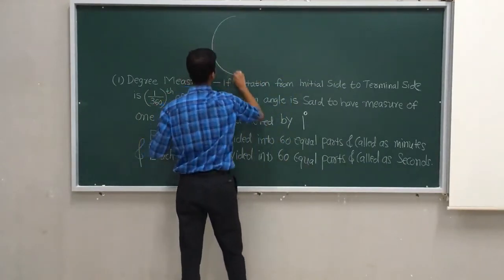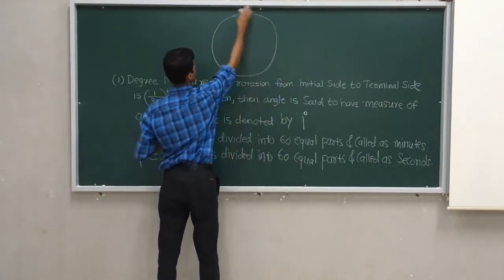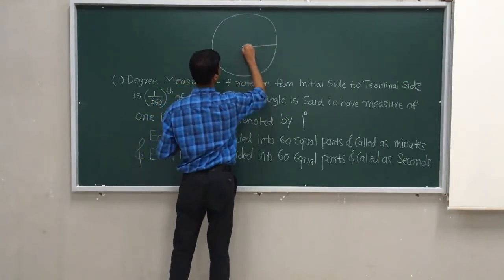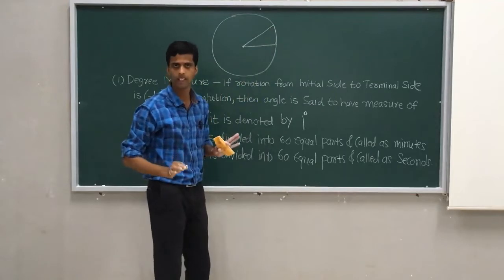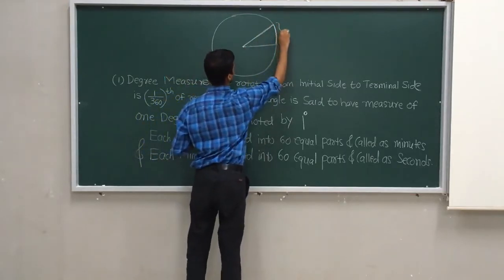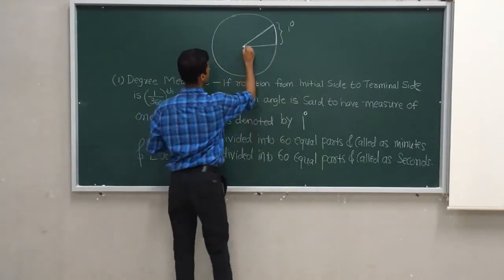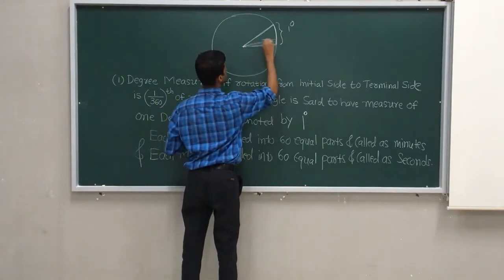See, this is the circle. Consider that it has 360 parts. I have taken one part among them. It won't be that big. For the time being, this particular part is 1 degree. They divided 1 degree into how many parts? 60 equal parts. I can't draw 60 here.